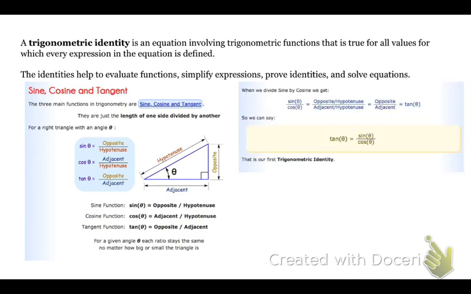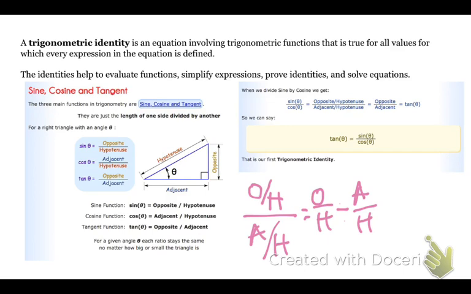Now, we can get our first identity by dividing sine and cosine. Sine divided by cosine ends up being tangent because, here, I'm going to write this out. If we have sine over cosine, we have opposite over hypotenuse divided by adjacent over hypotenuse.